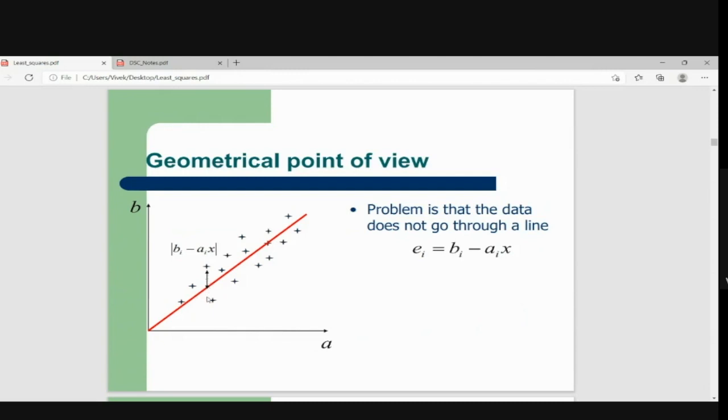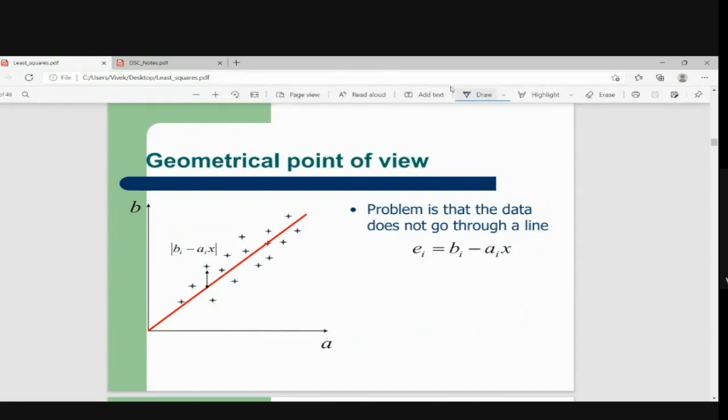So suppose I take this point. This is my ai, any ai, this value is given to me.